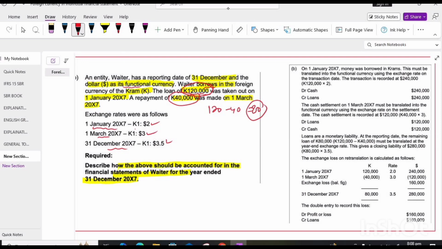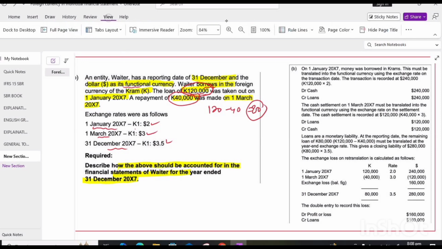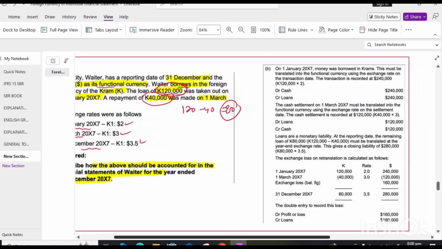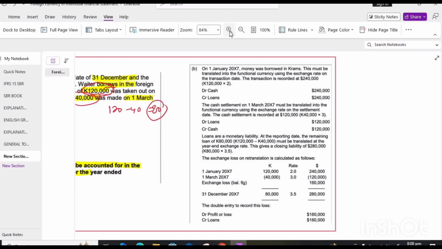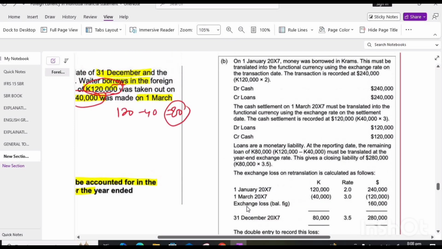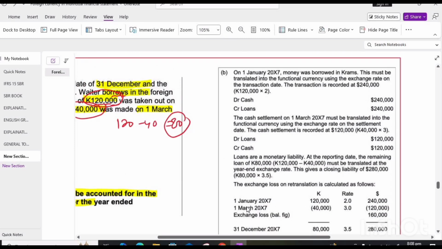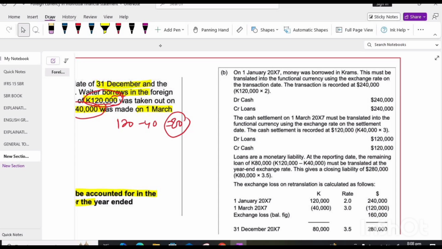On 1st January 2007, the money was borrowed, and this must be translated into the functional currency using the exchange rate, and that is 2.